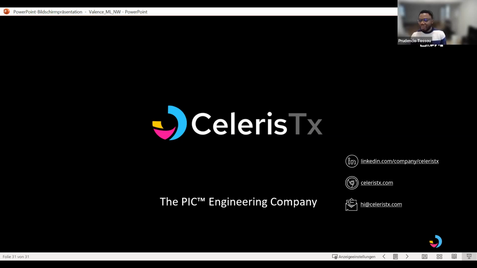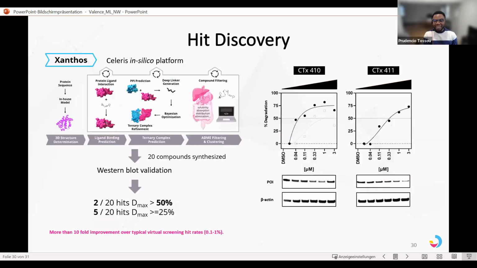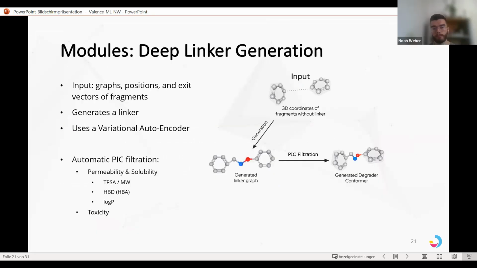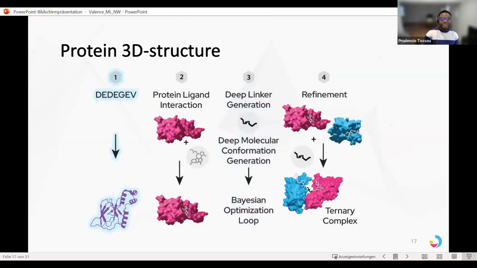Before people jump in, I can go first. I have one question in the chat. On the first step, if you can go back to the slide, please. Yes, this one. So on the first step, you go from the sequence to the structure.